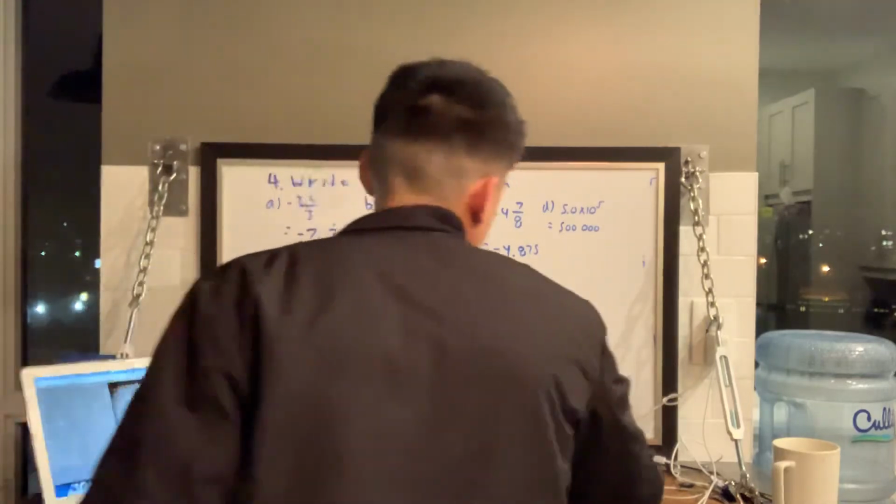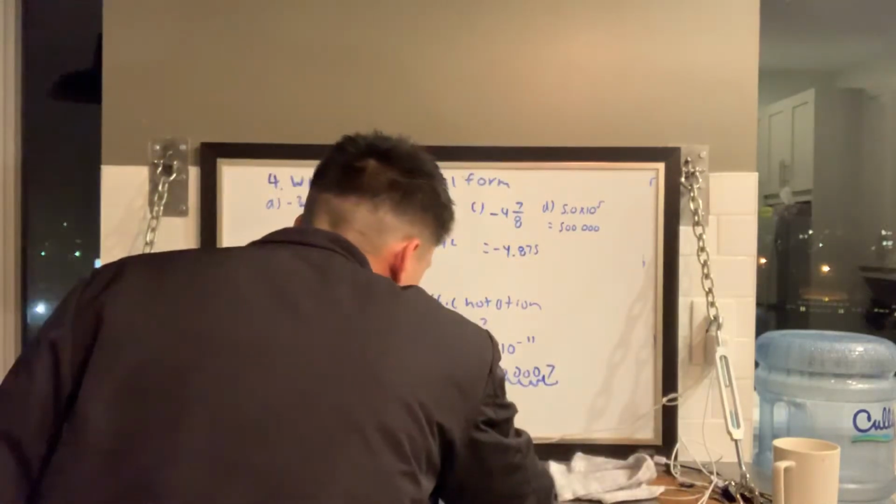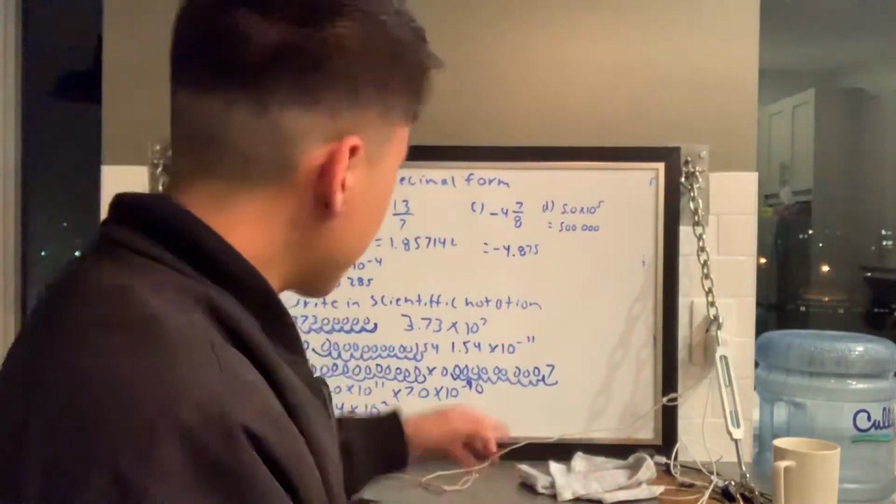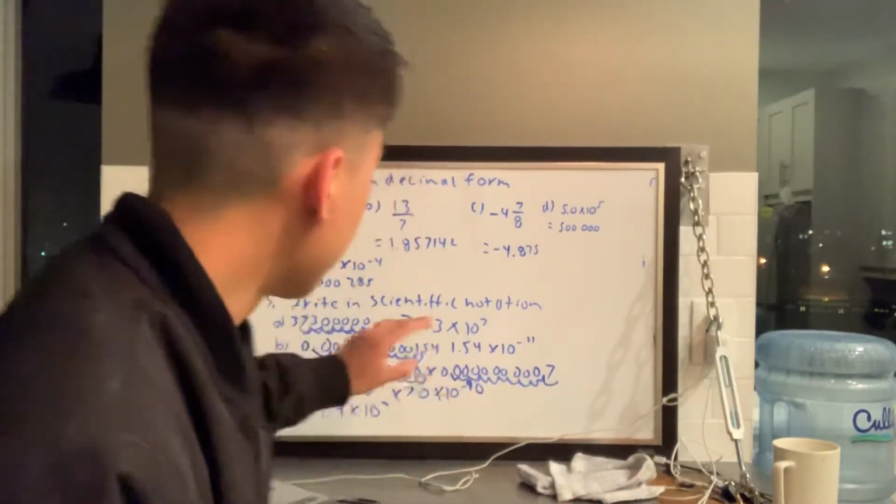Oh my gosh. It's 10. Sorry guys, I stopped at the 0 in front of the 7. What am I doing? Okay, that's the negative 10, so that makes more sense.